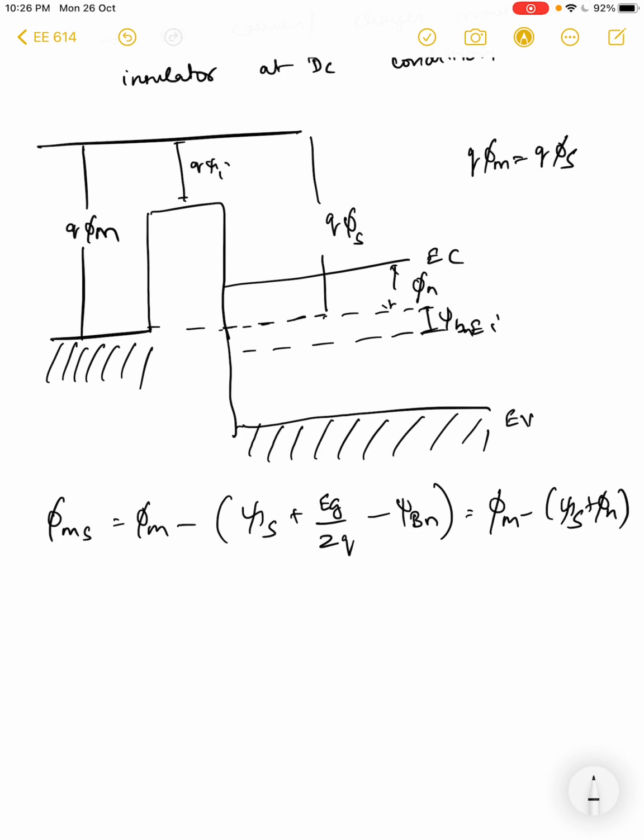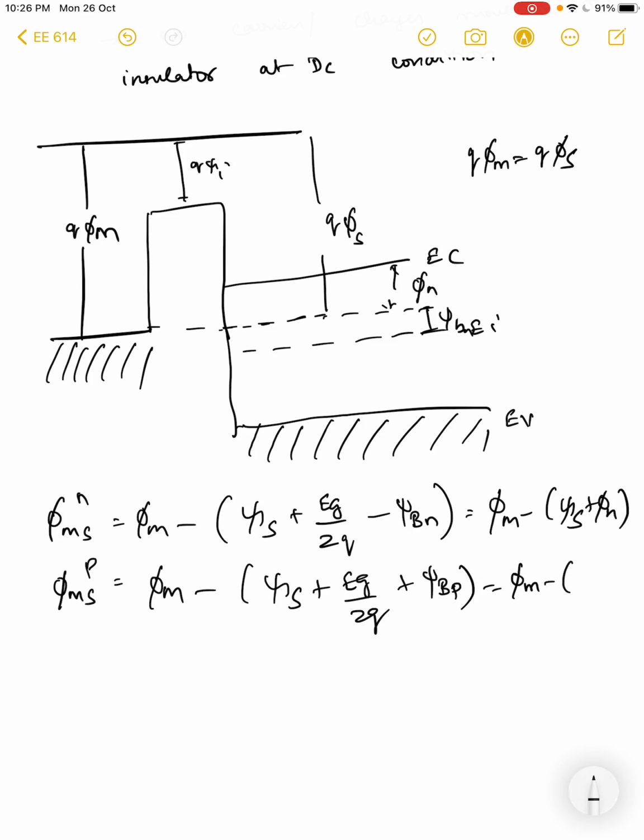The same thing you can write if I have a p-type semiconductor. This is for n. Metal semiconductor work function difference for a p-type semiconductor will turn out to be psi m minus psi s plus Eg by 2q plus psi bp, right? So this is a situation when I have it at equilibrium, right?